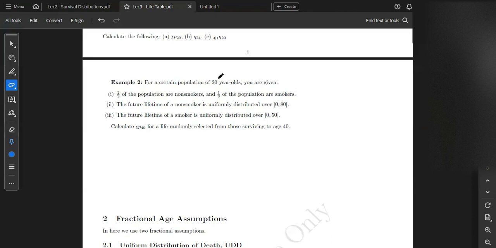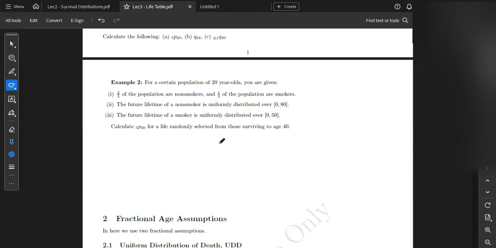This information is given for 20-year-olds. So we know that at this point they are 20 years, and if we had a life table, our x would be 20 for most of the cases. But we don't have a life table up to now.